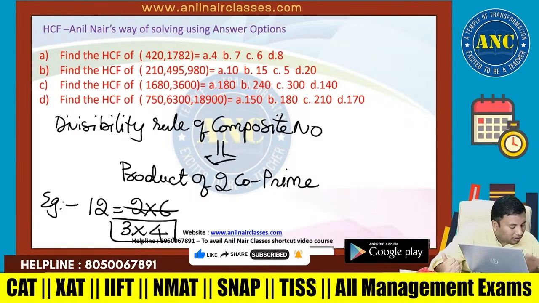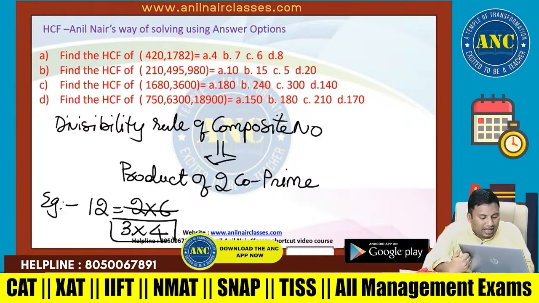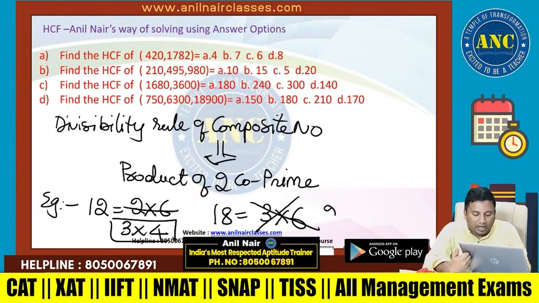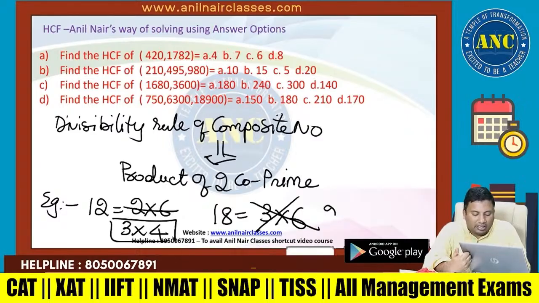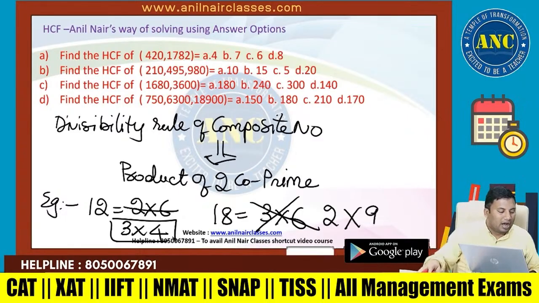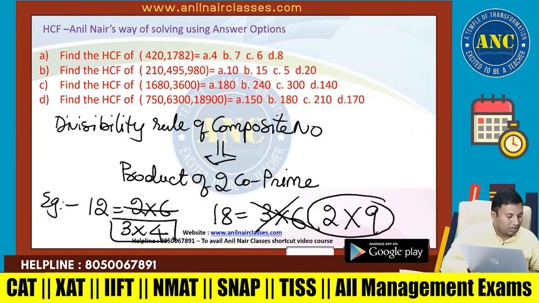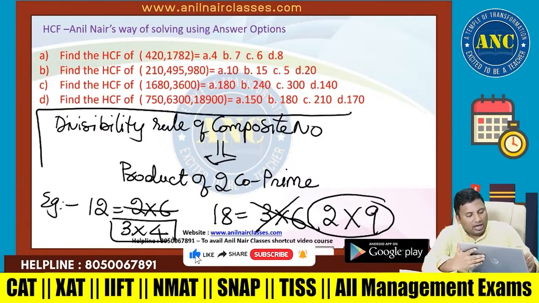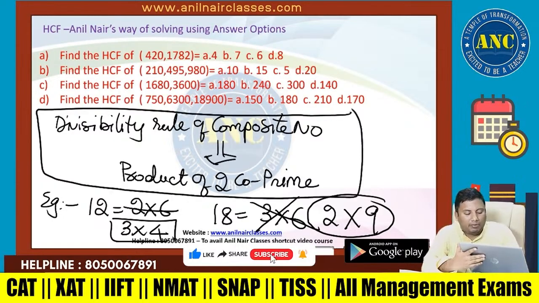So 18 cannot be written as 3 and 6, because they are not co-prime; you should use the divisibility rule of 2 and 9. I hope you have understood the mistake you made. A composite number divisibility rule is a product of two co-prime numbers.